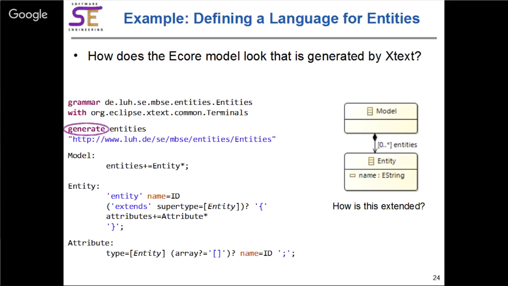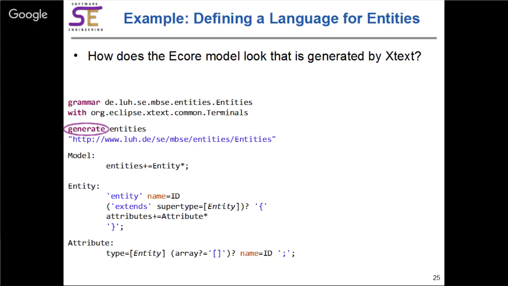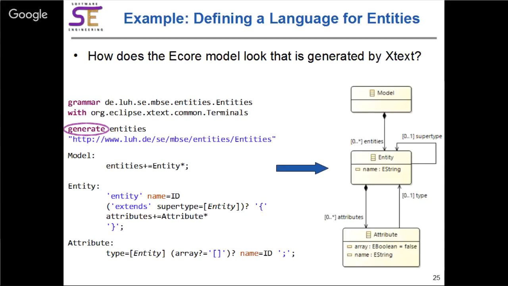And this reference, this containment, is called attributes. And because there can be 0 or many, it also has 0 to many cardinality. Okay. So that's exactly what we see here.